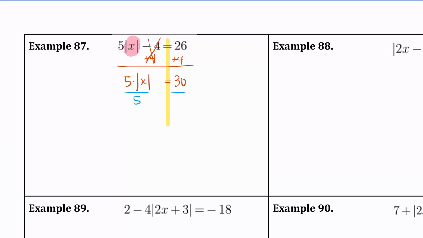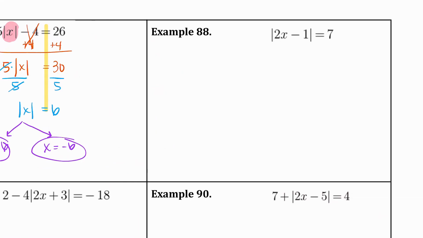To eliminate that 5, we're going to divide both sides by 5, and now we've isolated our absolute value. We have the absolute value of x equals 6. Once it's isolated, let's create our 2 cases. I'm going to get x could equal +6 and x could equal -6.